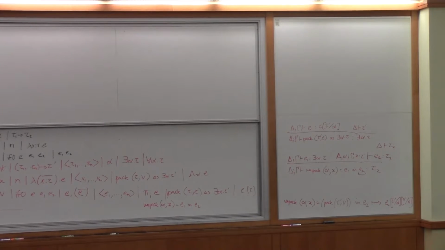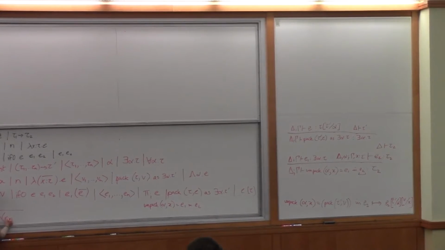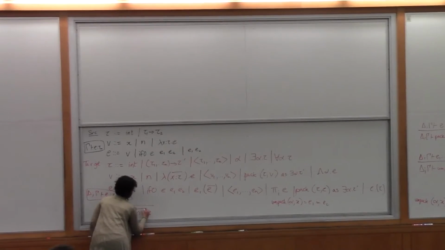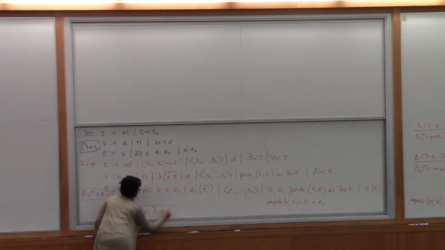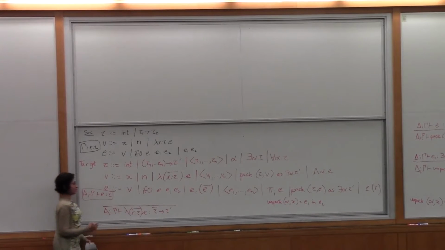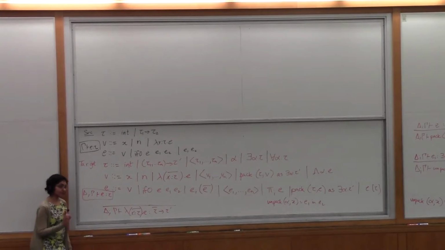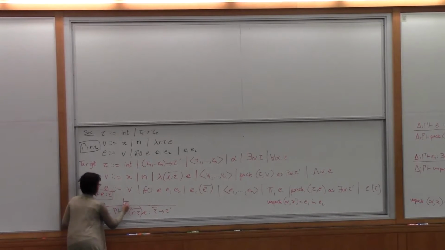What I want to enforce is that when I type check my lambdas, the body of the lambda has to be closed, which means that when I type check this body, I can't take any of the free variables.